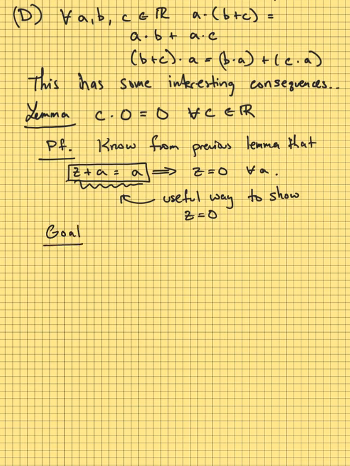So we're going to show that c plus c times 0 is equal to c. Okay? Because this would imply that c times 0 is 0. Okay? So we've kind of made the right choice of element to look at because it's going to relate to the thing that we're interested in.